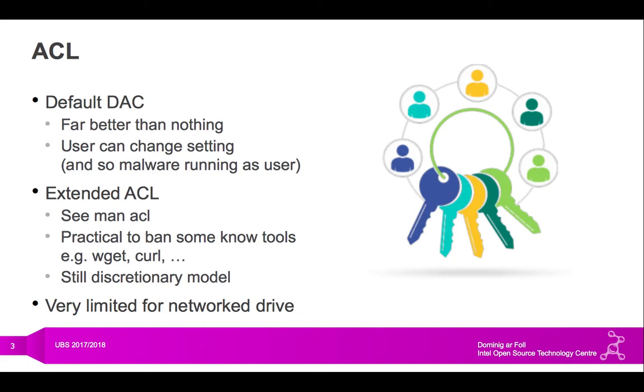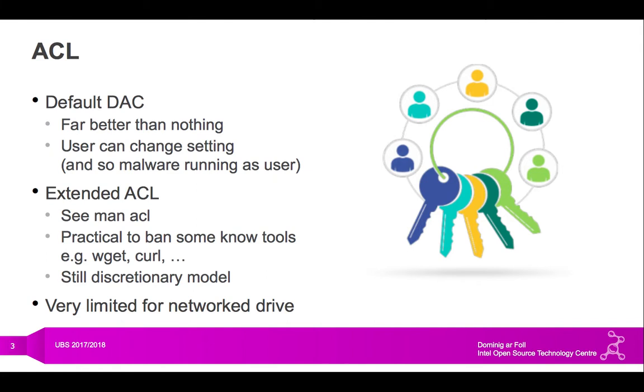For example, you can decide that wget cannot be used by the user running your web server, quite often Apache or HTTPD, because you know that your web server doesn't need wget, curl as well. And in that case, if someone succeeds in taking over your web server and getting a shell behind it, or uses some weakness to run an uncontrolled or undesirable command, those will be forbidden.